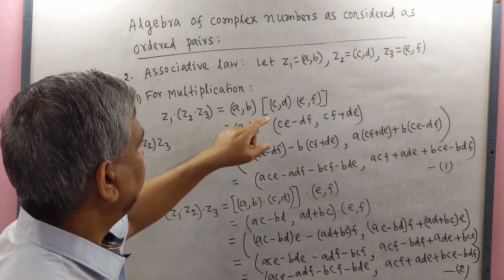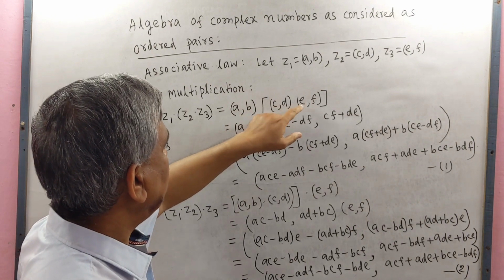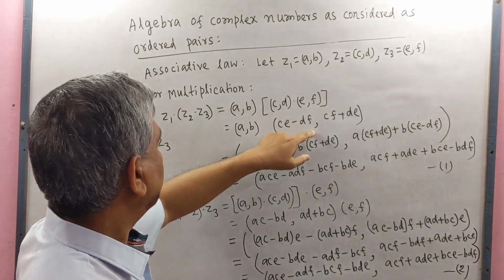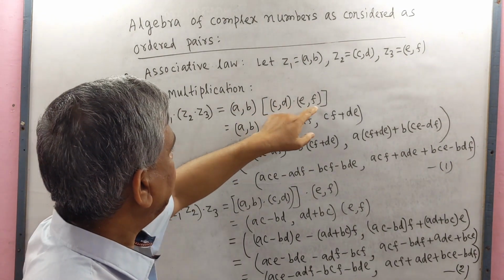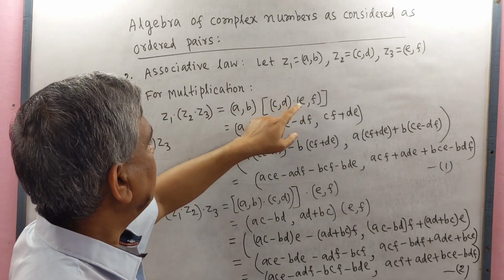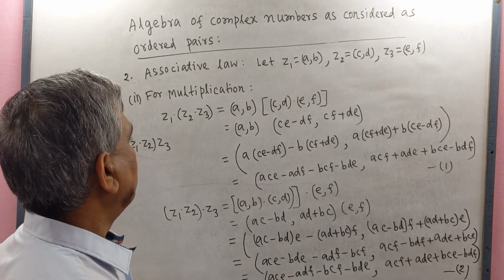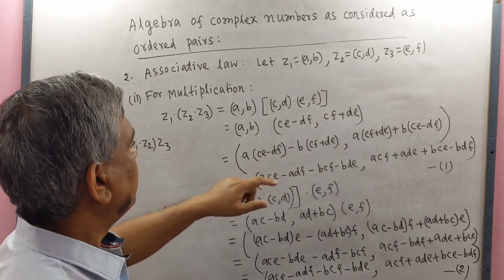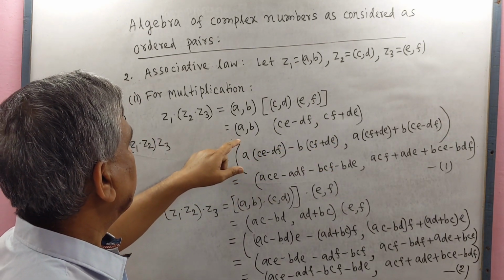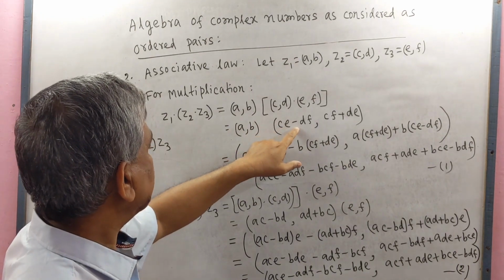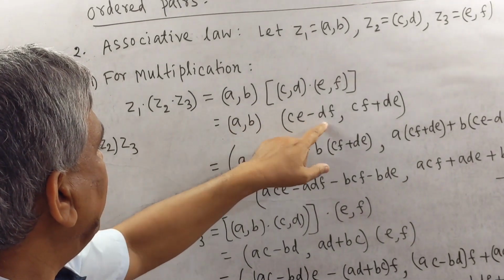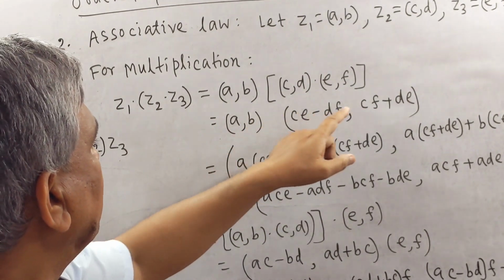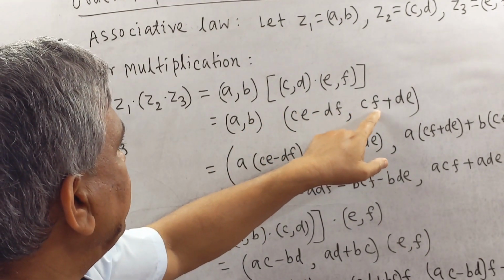We know that multiplication is (ce minus df, cf plus de). Again we multiply this ordered pair and this ordered pair. Here also we get, first, a(ce minus df) minus b into (cf plus de).